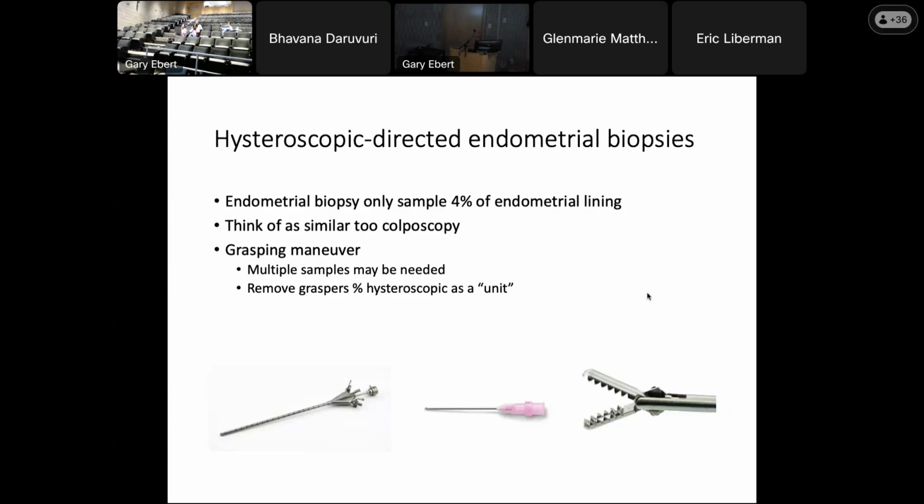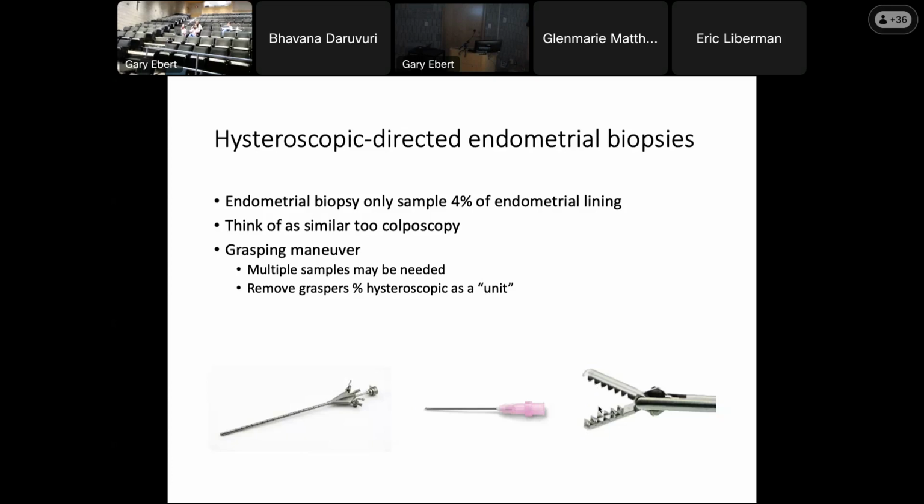To do a hysteroscopic directed biopsy, you can see on the bottom left, I have a 4.9 millimeter slender scope here. If you're using the TrueClear, you could also do that, but I think the ability for the tissue to be trapped into that bag that catches it and then sent to pathology is probably unlikely to survive. So with this, you put the hysteroscope in, use these graspers, and grasp any abnormal appearing tissue.